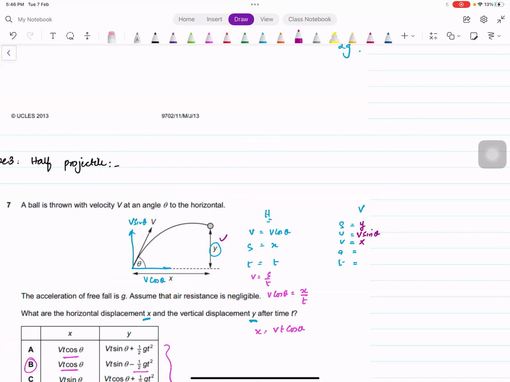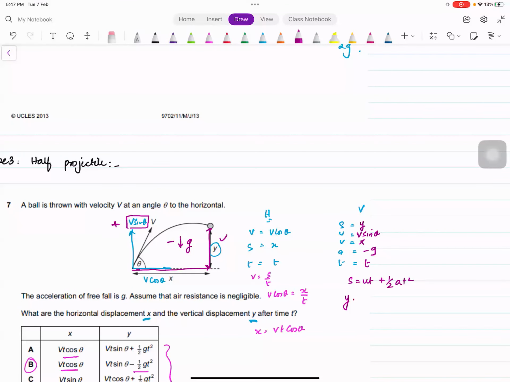If this velocity is upwards, g is down. So if automatically we take it as plus, we have to take it negative, right? So we have to put a negative g here. You agree? Yes, sir. And then time would be the same time t when it reaches here and time t when it goes up, right? So just use s equals ut plus half at squared.